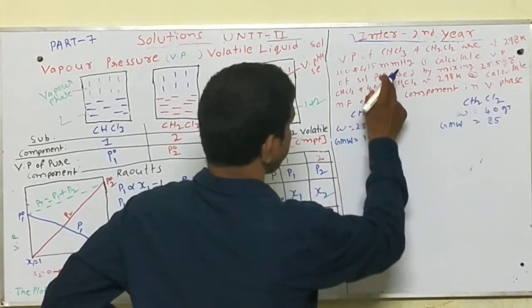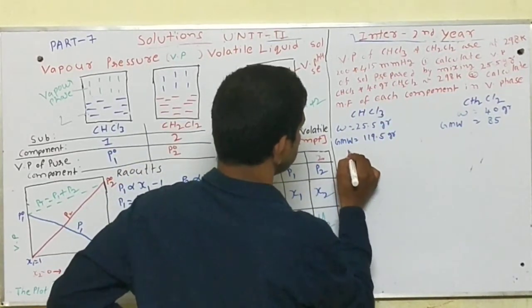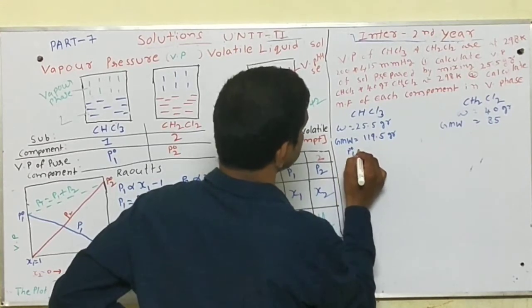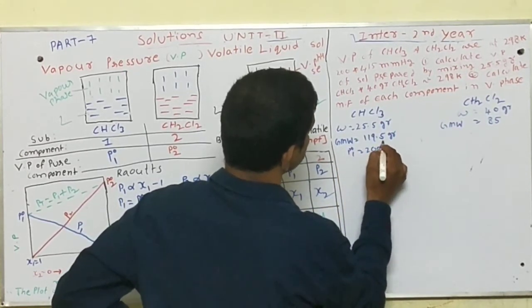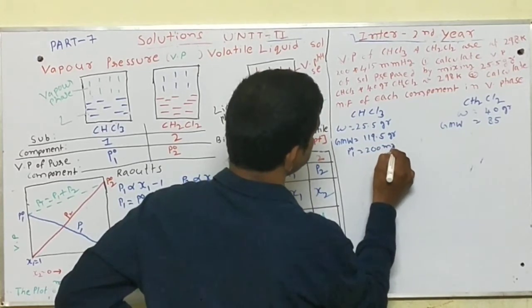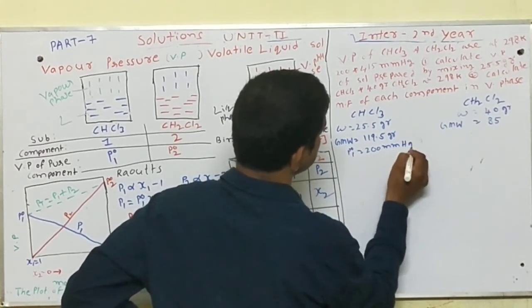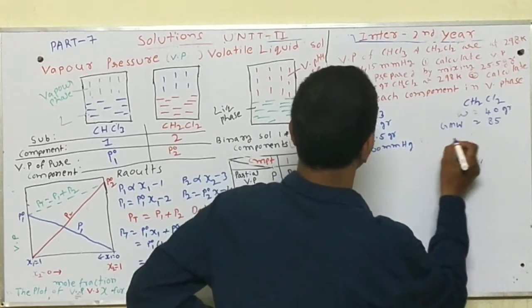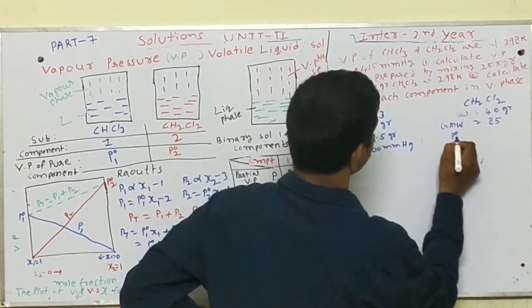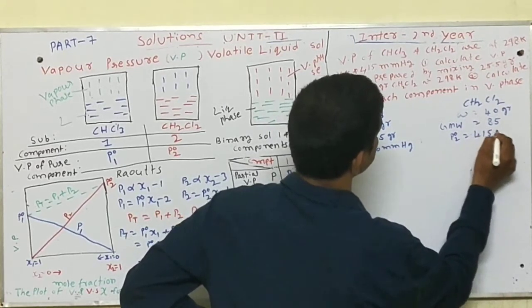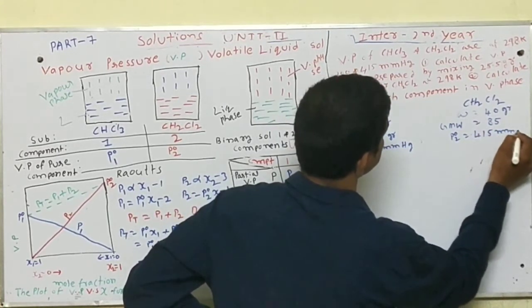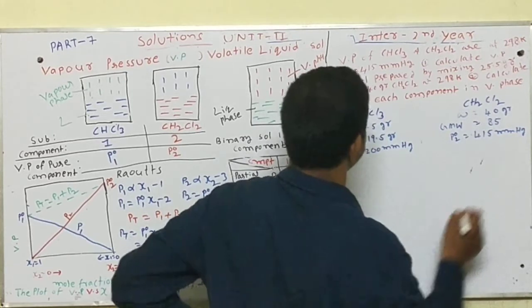And I am taking P01 is equal to 200 mmHg, and P02 is equal to 415 mmHg.